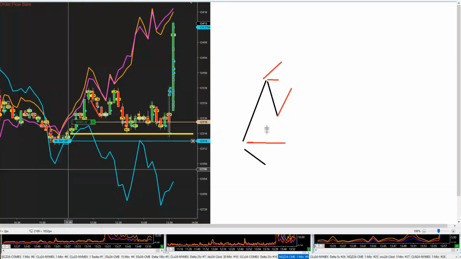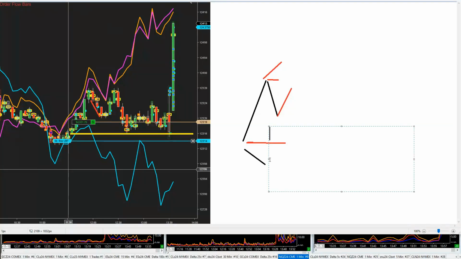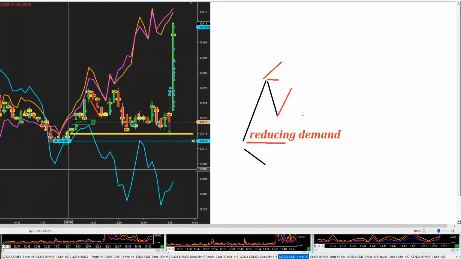The simple rule of thumb is that if the price pivots at a higher price, we classify this as a reducing demand story because buyers have already come in. Until the buyer comes in, we don't know that there's going to be reduced demand. But the buyers are coming in, and we can now call that a reducing demand story. So at that stage, based on pure price action, I am seeing a reduction in demand.